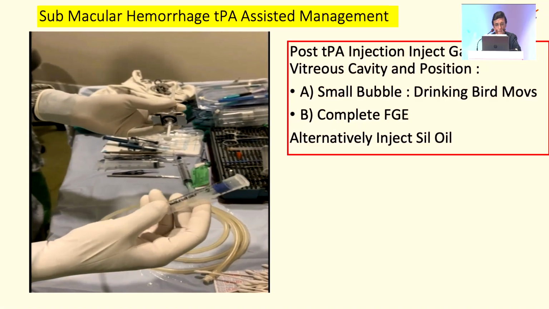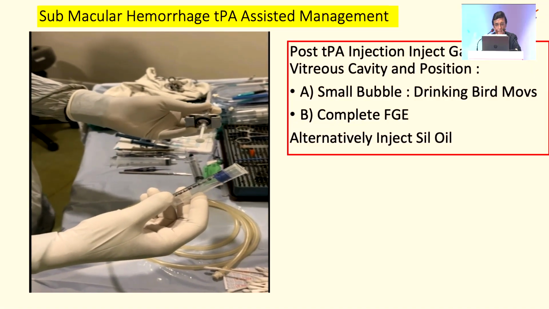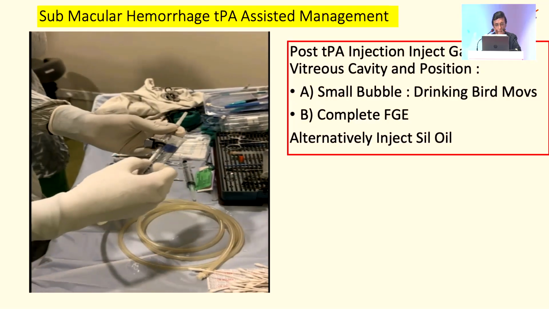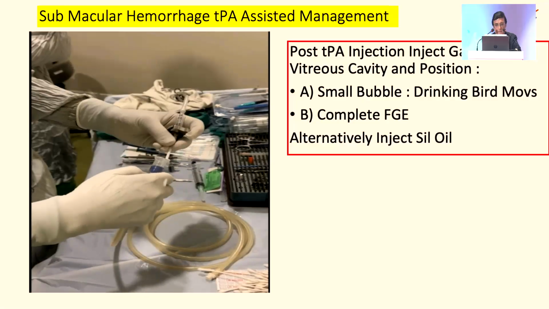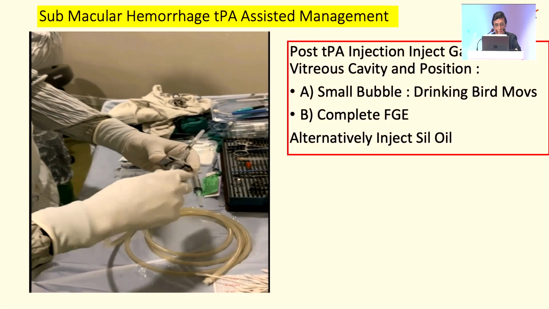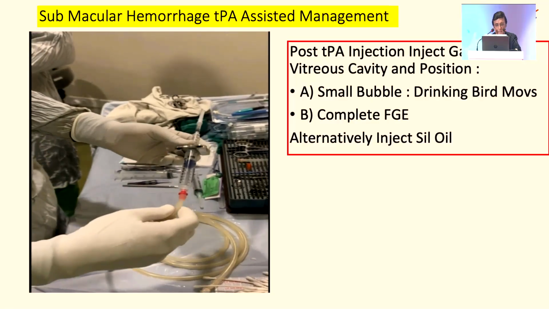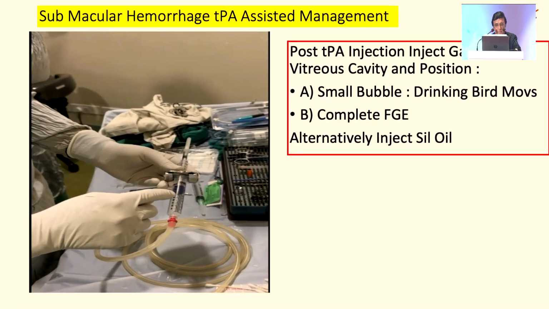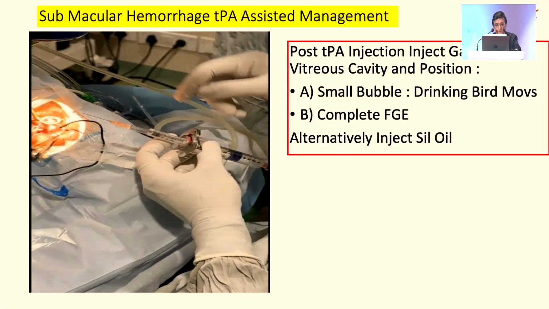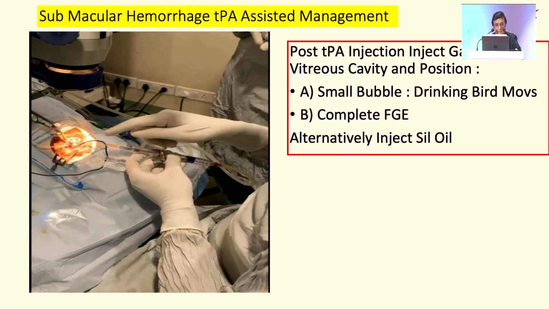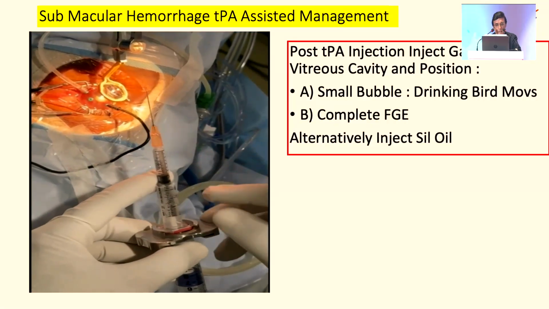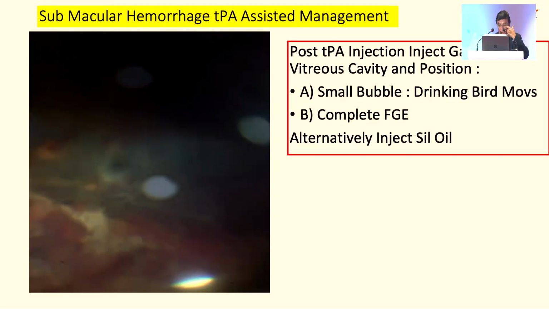So we made this device which couples a 10 cc syringe with a 2 cc syringe, and this is connected to the Constellation silicone oil injection system, where the pressure is generally kept at about 8 millimeters of mercury. When this pressure is on, we prime the tuberculin syringe, where you can see the TPA coming out, and this makes it extremely well controlled.